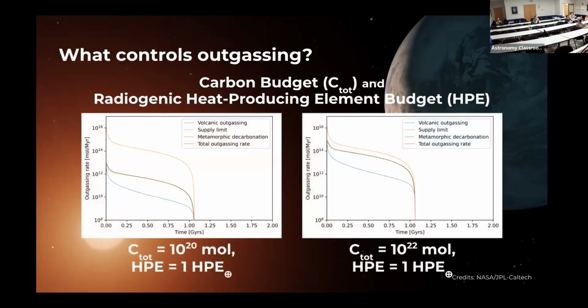And then I just showed here two different cases, a 10^20 mole carbon budget and a 10^22 mole one, and you see how high the outgassing rate is over the time that it lasts between these two cases. So that's the side of our simulations that produces CO2 into the atmosphere.